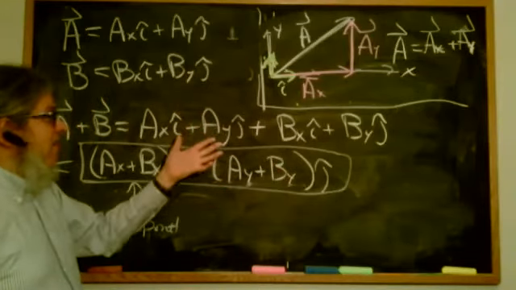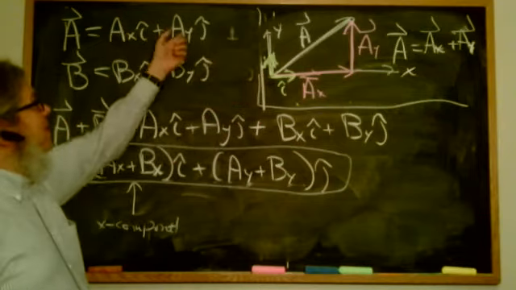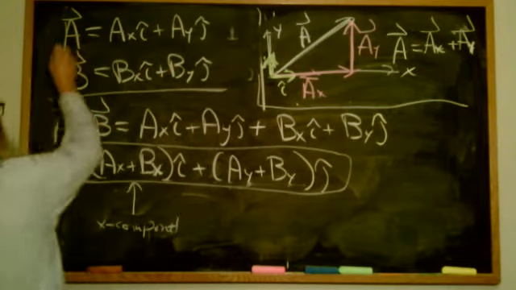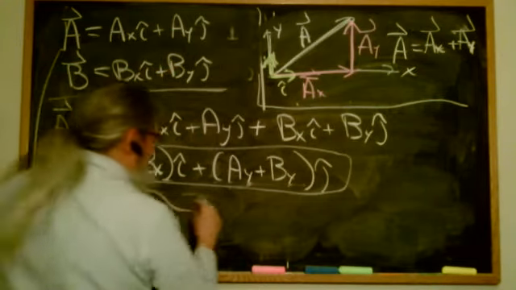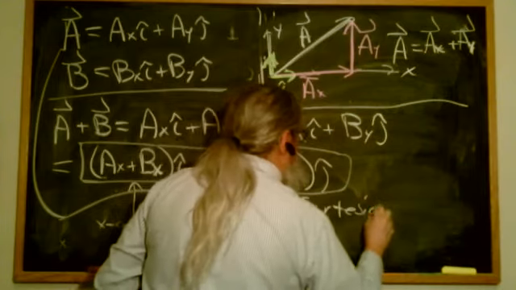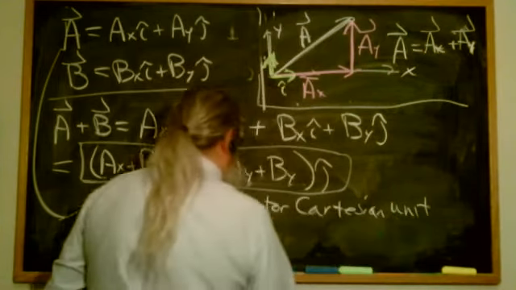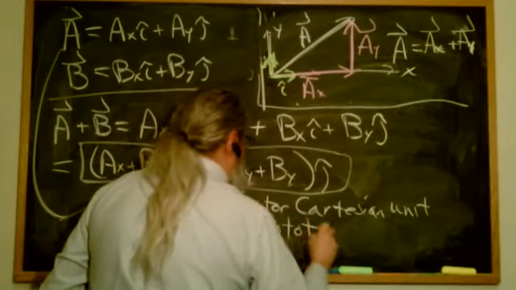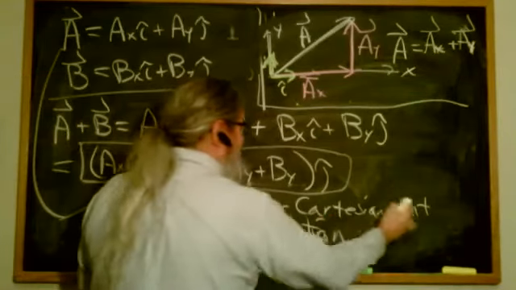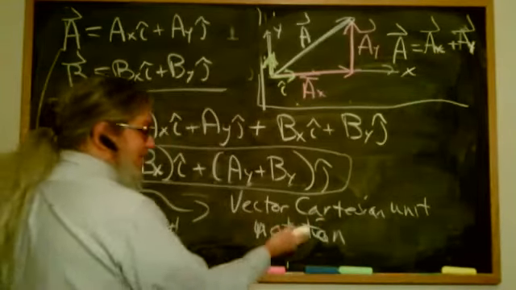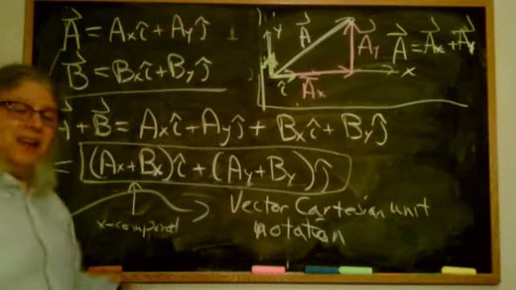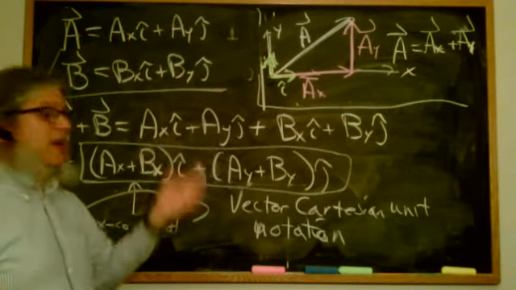The technique of taking vectors, breaking them into components, and writing them in this notation is known as Cartesian unit vector notation. Sometimes I will move the words around, sometimes I'll call it Cartesian unit vector notation, and sometimes I'll just call it vector notation. The technique is to rewrite the vectors in terms of the i hats and j hats, and that gives you everything you need to represent these vectors in 2 dimensions.